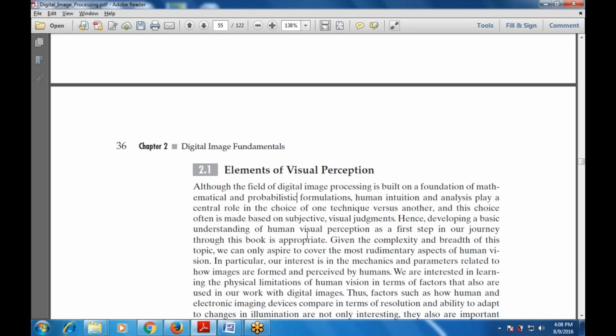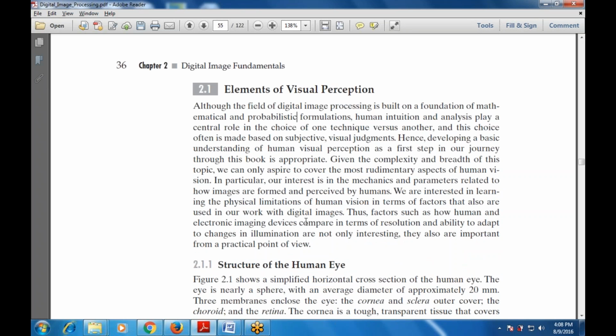In particular, our interest is in the mechanics and parameters related to how images are formed and perceived by humans, and in learning the physical limitations of human vision in terms of factors that are also used in digital images.